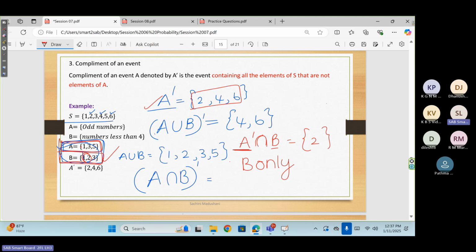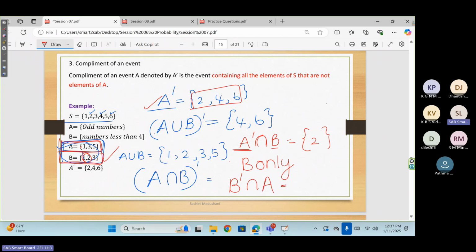Looking at A and B, 2 is only in event B. In other words, outcomes only in event B. Then next one. B dash intersection A means what?